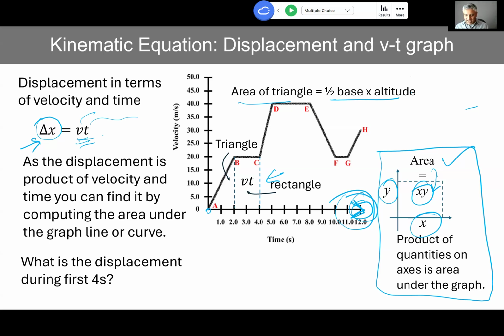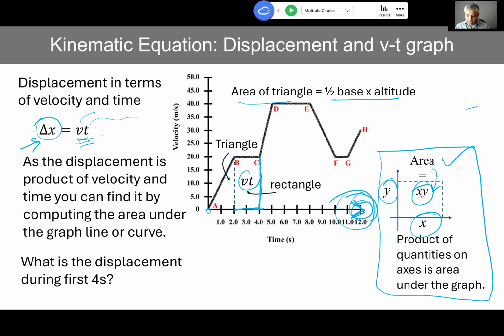So that's why I'm breaking this whole thing into two parts, because I know how to find the area of a rectangle and a triangle. So once I have this area and this area, I can add them, and that's going to be the total area that we are looking for. Okay. So the area of this one is easy. This side length is time. This side length is velocity.